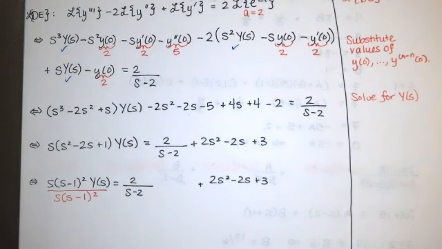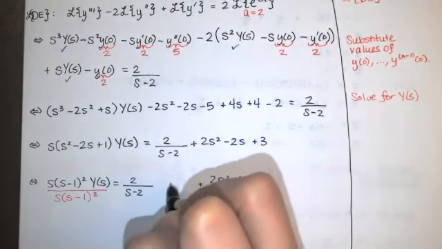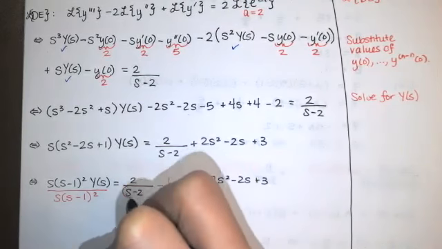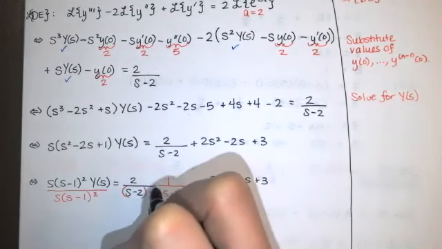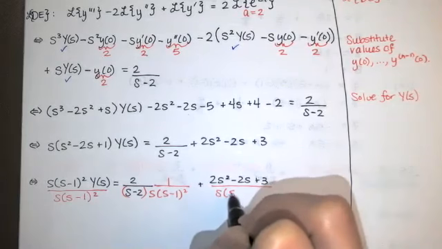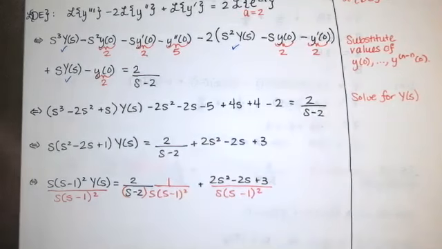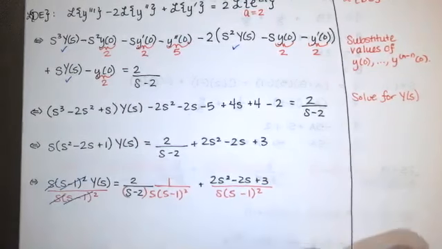Dividing by 2 is the same as multiplying by 1/2, for example. So if I want to divide this out, I can just take this term and multiply by 1 over s times s minus 1 squared, because that's the same thing. And then this guy, I will actually divide by s times s minus 1 squared. And after simplifying, we've got y of s by itself, which is what we wanted.